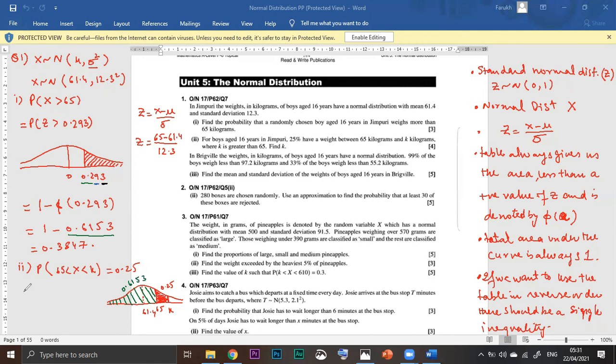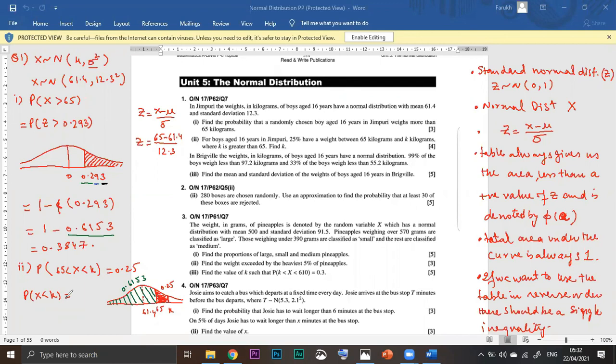Now probability of x less than k is equal to. Now Mila, can you please help me? What is the area less than k? The area between 65 and k is 0.25.